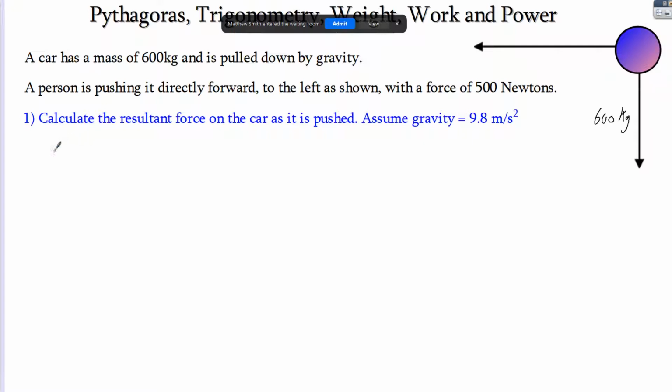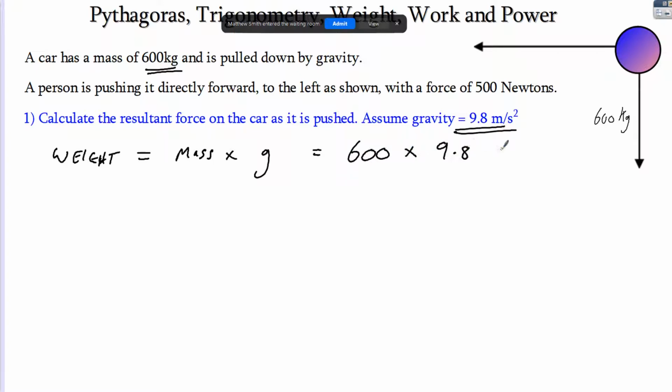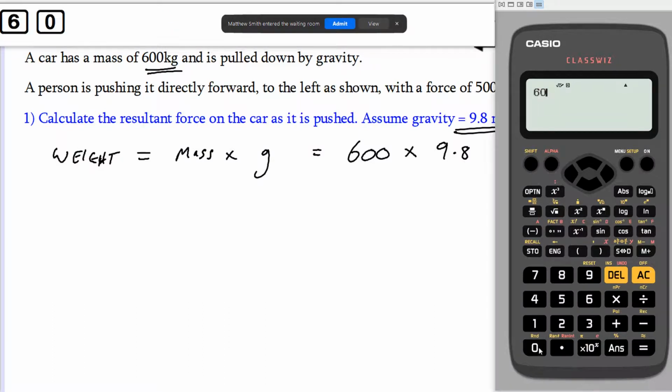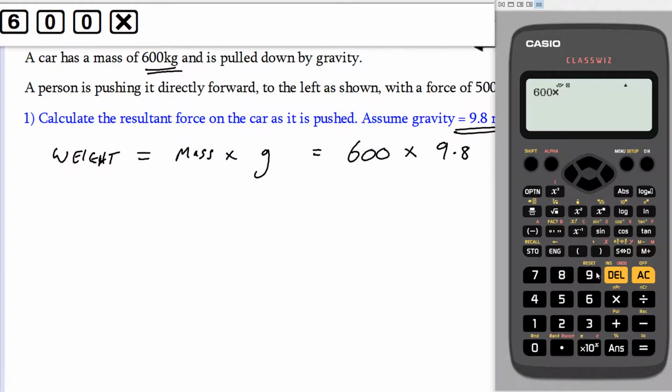So we know the weight equals the mass times gravity, which is equal to the mass of 600 kilograms times gravity, 9.8 meters per second squared. Get the calculator up. So we do 600 kilograms times 9.8 meters per second squared.